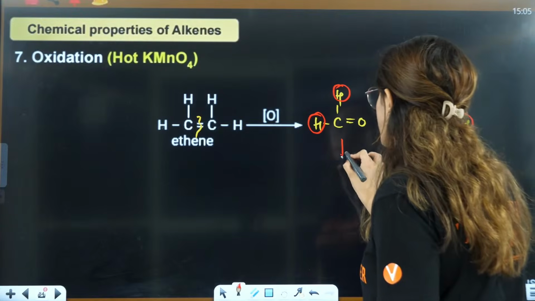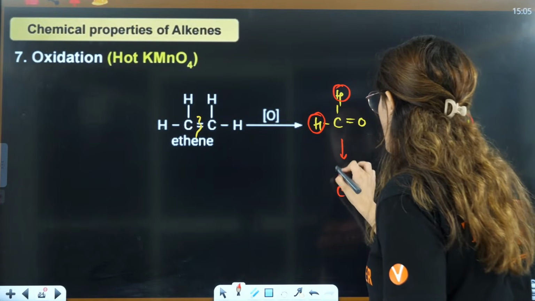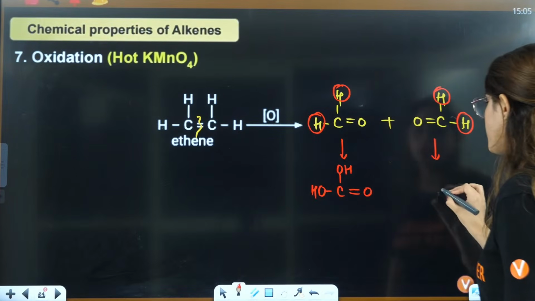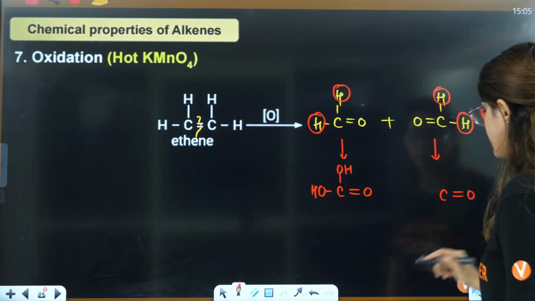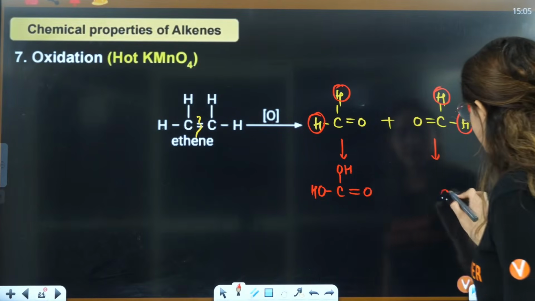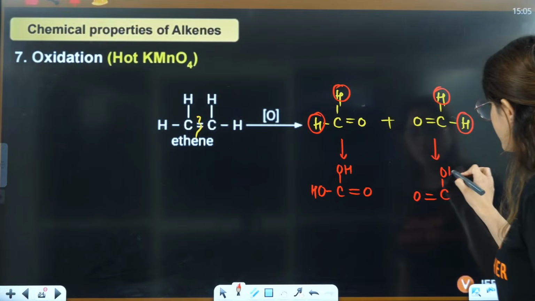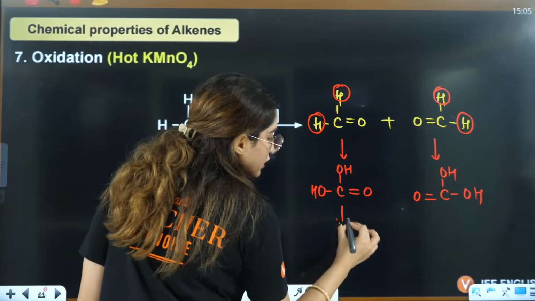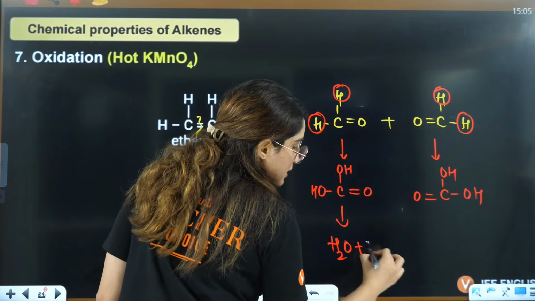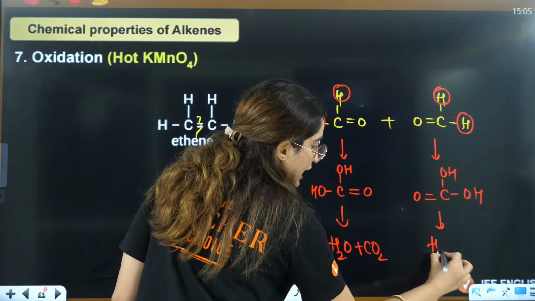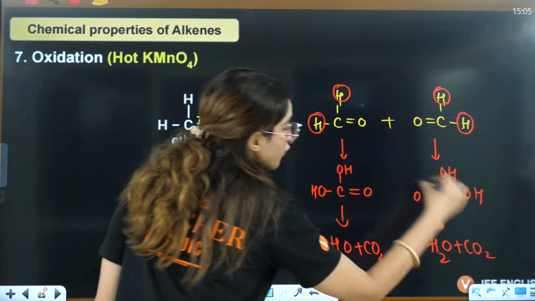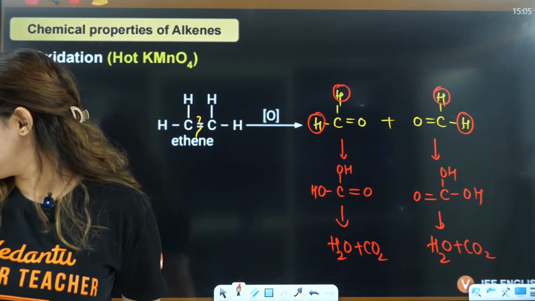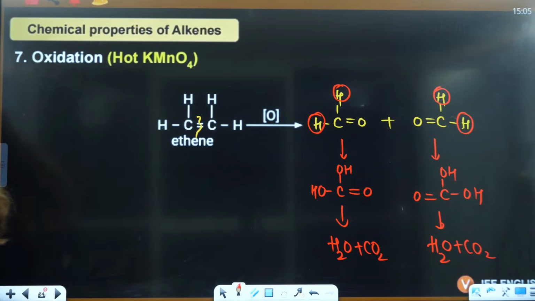That means this will be converted to C double bond O, OH, and this will be converted to C double bond O, OH. This is H2CO3, that will be converted to H2O plus CO2. That's why overall the answer was 2 water and 2 carbon dioxide. Right? Okay.